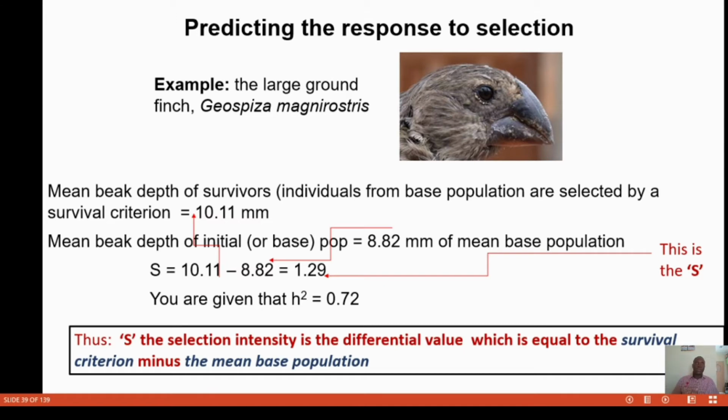Just because in the developing world, we may have a life expectancy of 42 years, that really means a lot only when we take that and look at that survival criterion plus some average of a base population. And what we then get is the selection intensity.